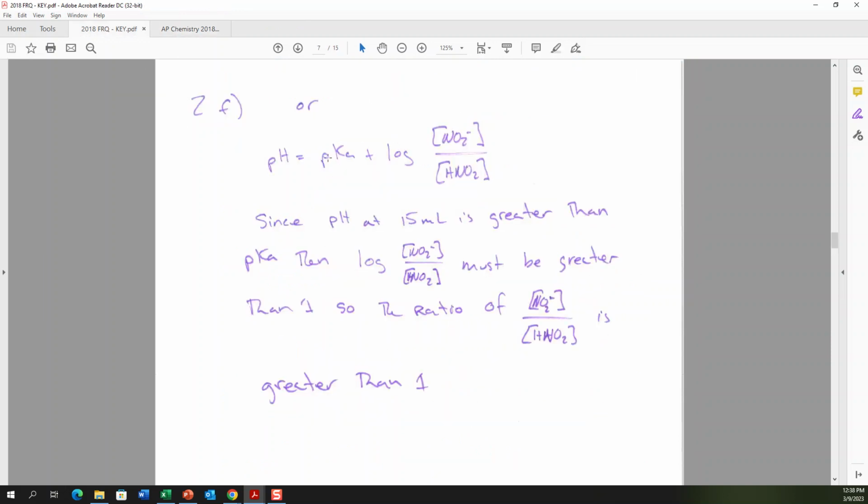And so the only way the pH can be above the pKa is if you have a bigger number here than here. So that ratio has to be greater than 1. That's going to give you a pH greater than the pKa, which is true when you're beyond the half equivalence point in the titration. Okay?